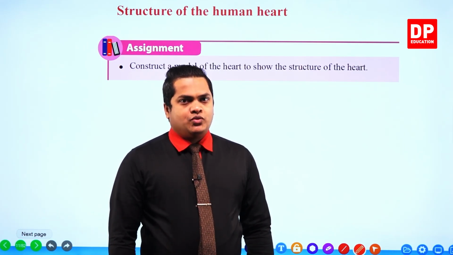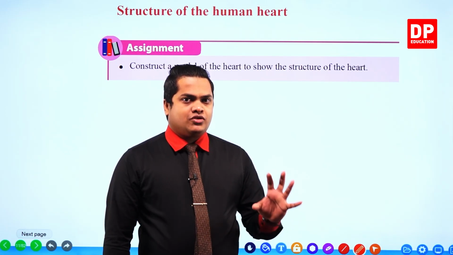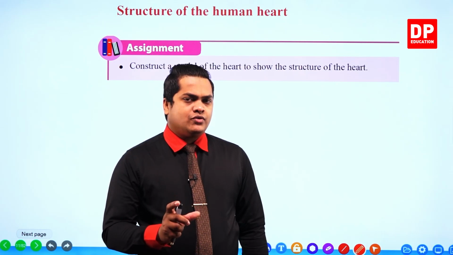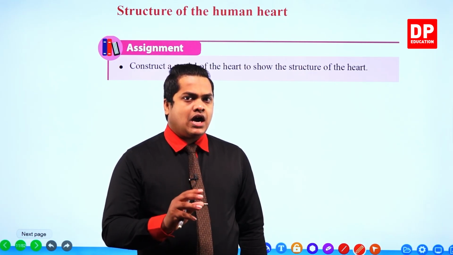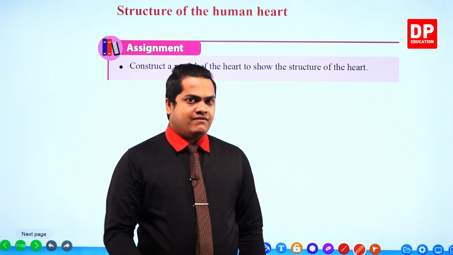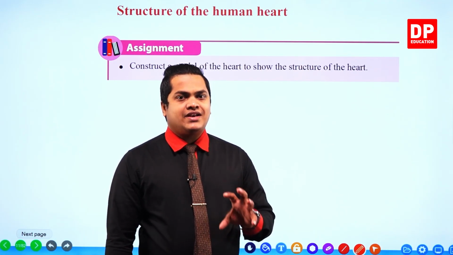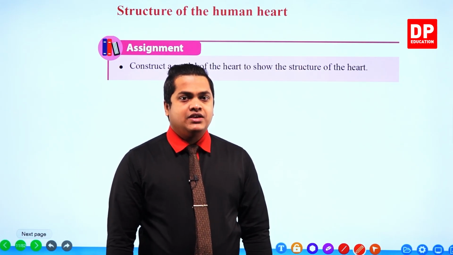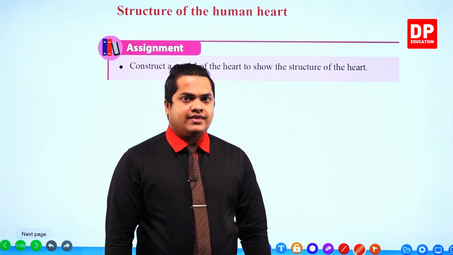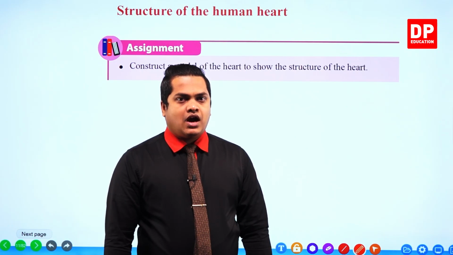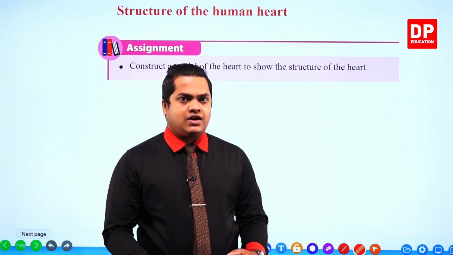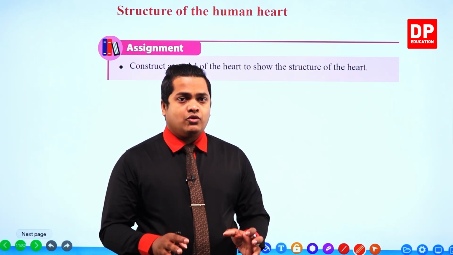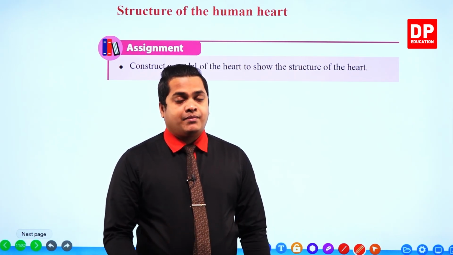Now it's time to study the structure in three dimensions. We'll observe how the heart is located within our body, and study the structures once again using our 3D structure, and how to identify these structures.